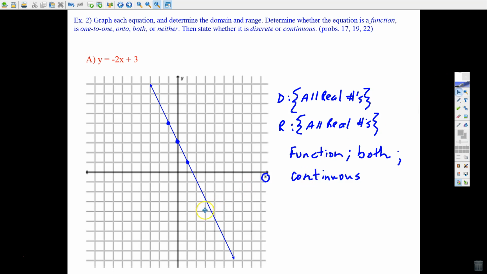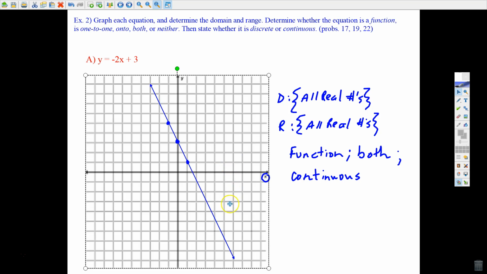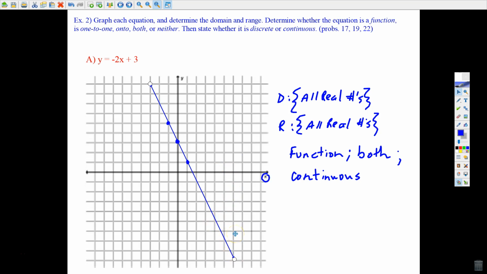Let me just throw you a real quick example of what it means to be discrete. Well, this would be a good example of discrete. There are obviously some values for x that are not involved in this graph.